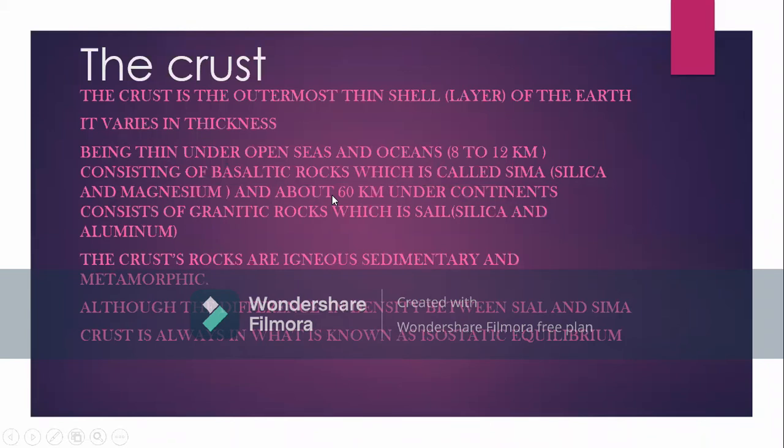Let's go. About 16 kilometers under continents consists of granitic rocks. We shall, inshallah, study the types of rocks in detail in the rocks chapter, petrology, which is Sial: silica and aluminium.